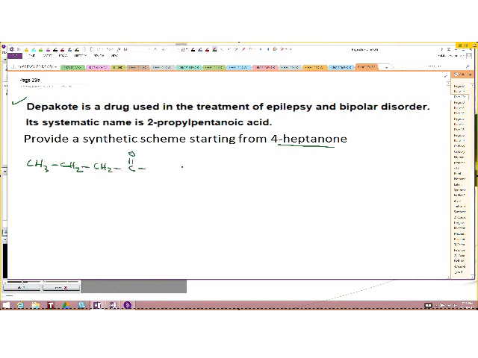Everybody should be able to do this, very easy. It's another pharmaceutical drug. And they wanted to make Depakote, which is 2-propylpentanoic acid, which is essentially this here.